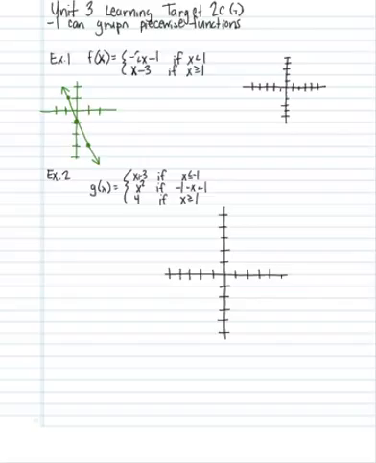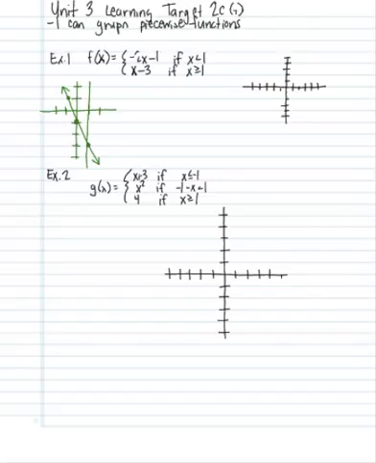But we only want this graph for x values that are less than 1. So I'm going to draw a vertical line that crosses right through 1. Now we only want things on the left side of that vertical line because we only want values of x less than 1.